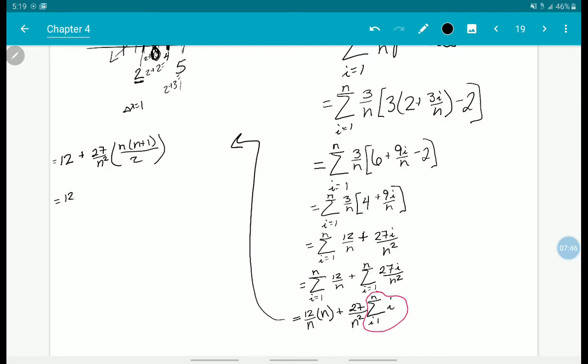So we have 12 plus, I'm going to reorder this, 27 over 2, and that's n squared plus n over n squared.